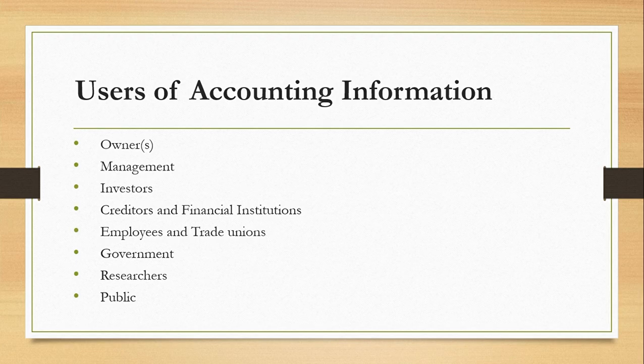External users are those who are outside the organization and using the accounting information or financial statements for their decision making. And internal users are those who are part of the organization. They are the internal management who use accounting information for their further decision making.